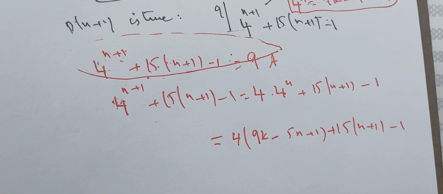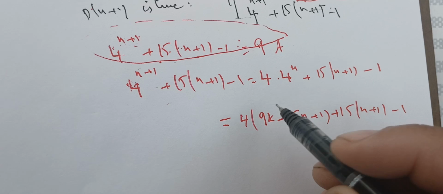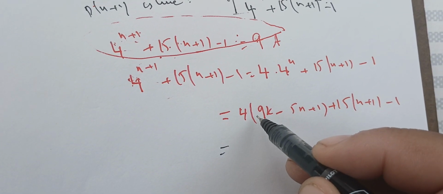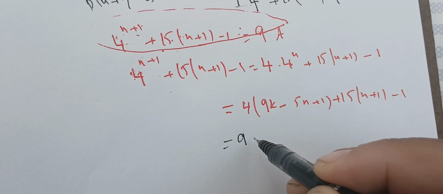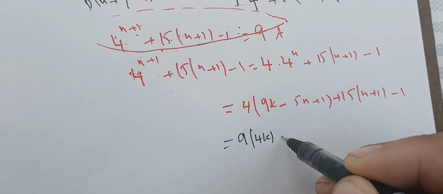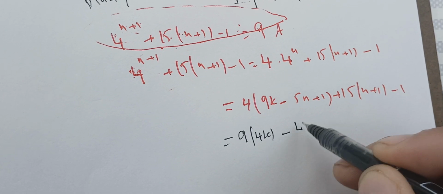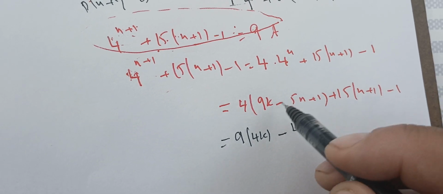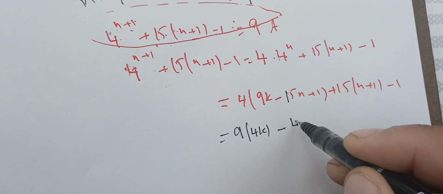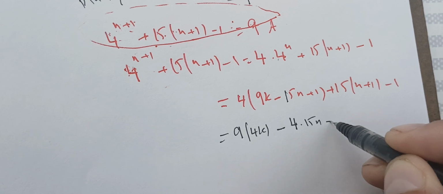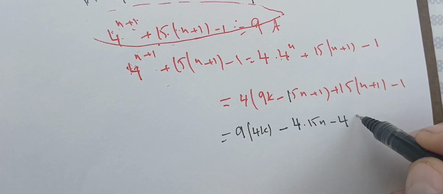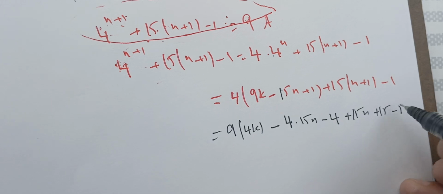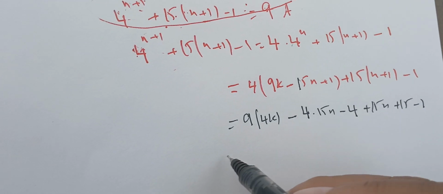Okay, so let me see if I can simplify this result. Here I have 4 times 9k, which I can write as 4k, minus 4 times 15n, minus 4, plus 15n plus 15 minus 1. Okay, let's do some algebra.